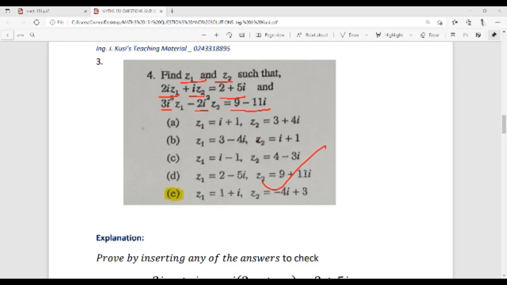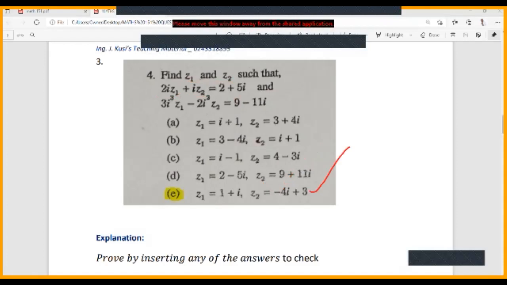You're okay with that? And the correct answer is this one.